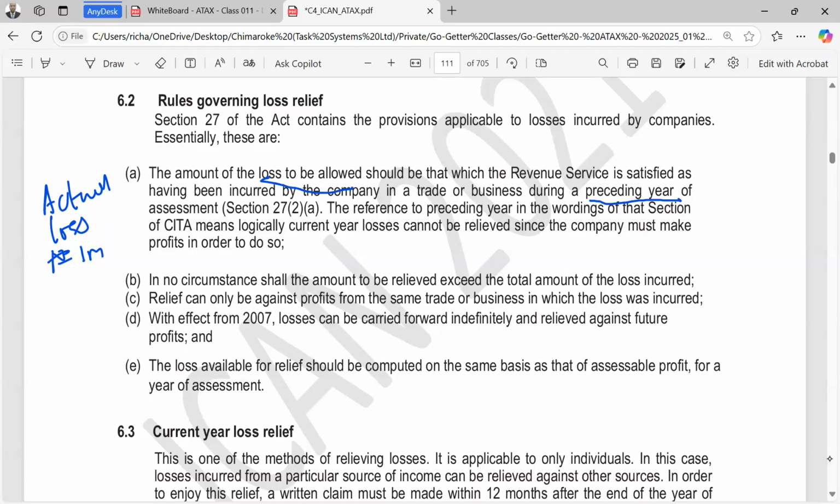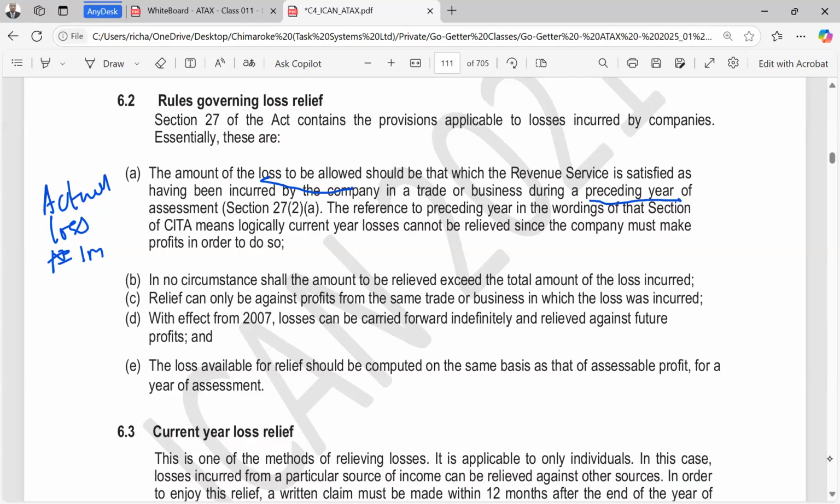I've seen a question where the first year, second year, and third year were all using one particular year. Imagine having a loss of 1 million naira, and you are carrying it in 3 years, making it 3 million. Now, can you relieve 3 million when you made an actual loss of 1 million? No, that is where this is coming from.